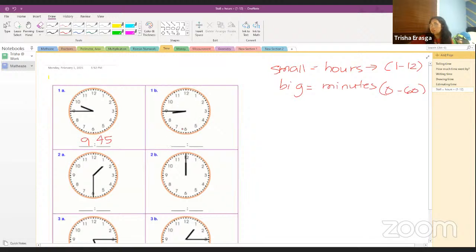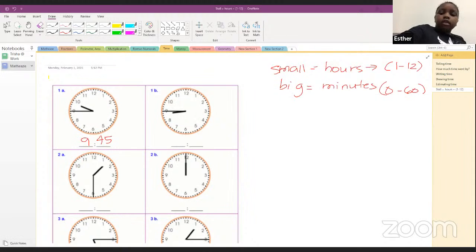Okay. Esther, how about you try 1B? And then Modi, you can do 2A. I have to go. Oh, you have to go? Okay. Yeah. See you next week then. Have a great night. Bye. You too. Bye. Okay, Modi, how about you do 1B?